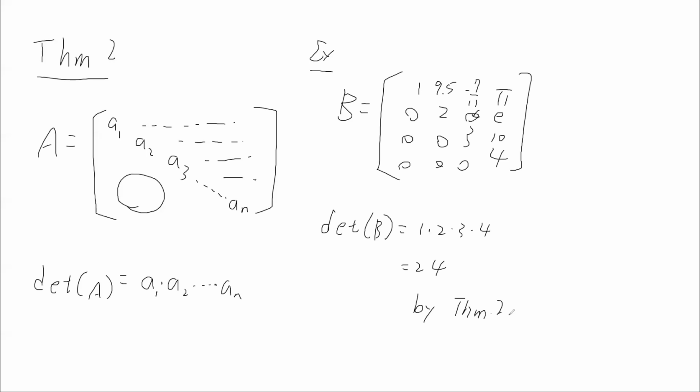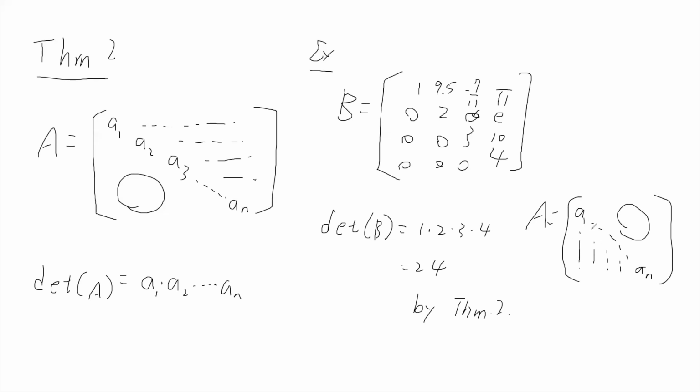Keep that in mind when you're working on your homework, or whenever a question asks you to find the determinant of a matrix, this is one useful theorem to use. Okay, check if it's a triangular matrix. It doesn't have to be upper triangular or lower triangular. For example, if I have a square matrix, and instead of having the zeros below the diagonal, I have zeros above the diagonal, this theorem works as well.